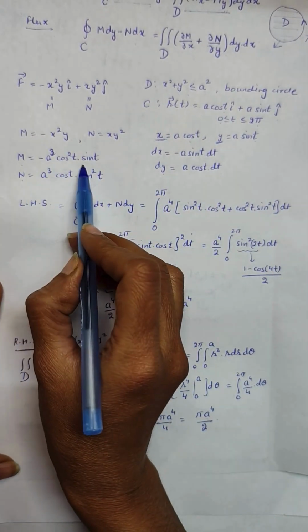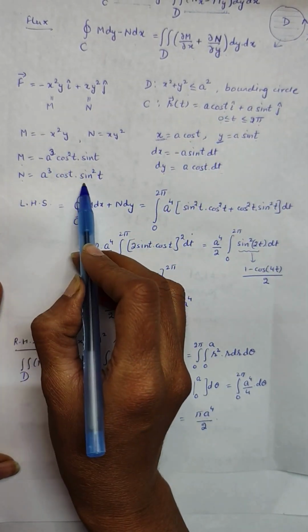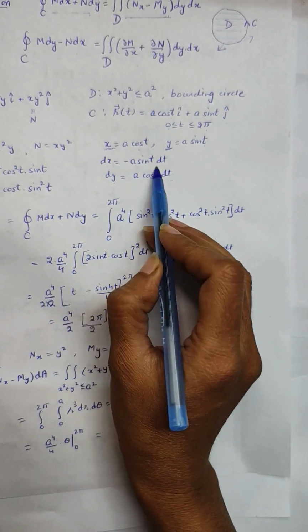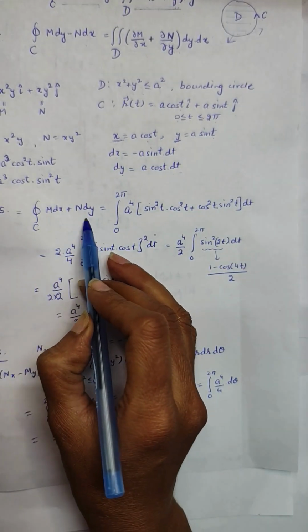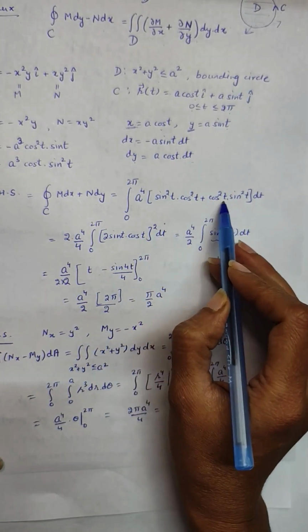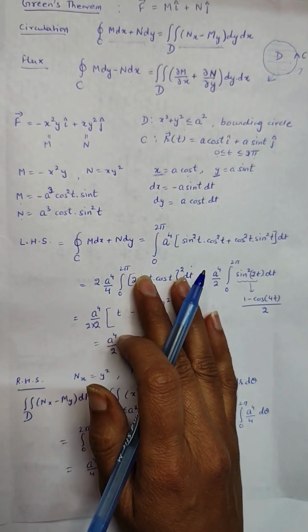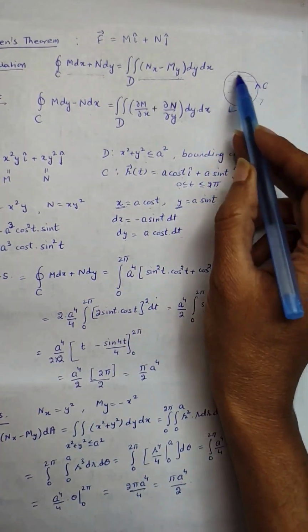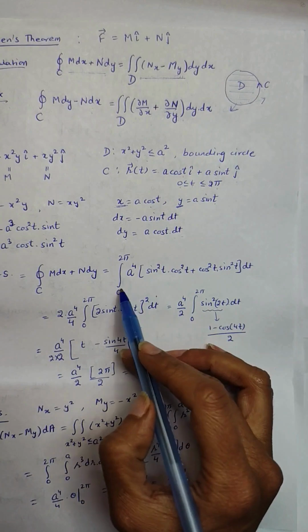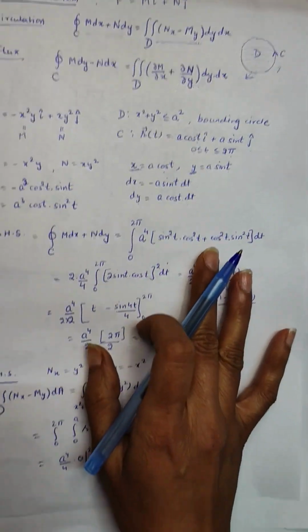Okay, so this is M in terms of t, this is N in terms of t, this is dx and dy. So substituting all these values here, we get this function. Okay, so since we are moving along the closed curve C, the parameter t is going to change from 0 to 2 pi.